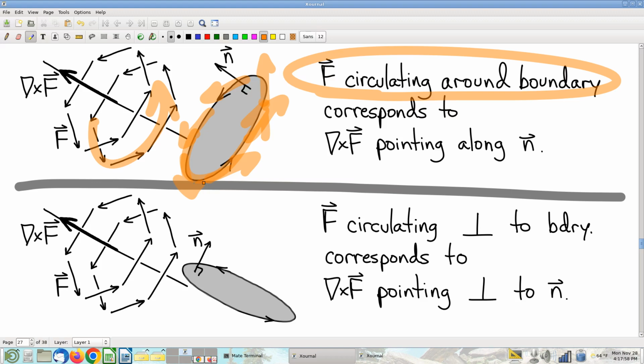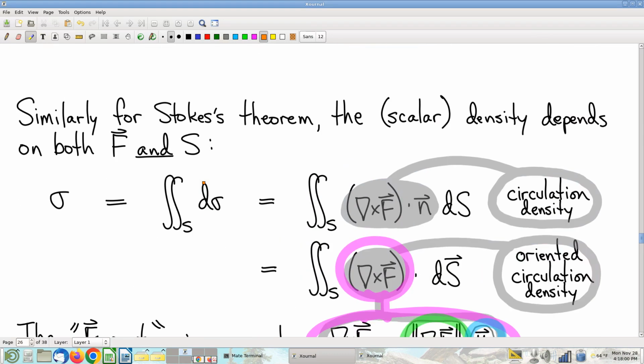Now, I claimed that curl dot normal vector is what's going to pick that up. Curl dot normal vector is telling you how much are you over the interior? How much circulation are you actually sort of getting everywhere in that interior? So how do the curl and the normal vector pick up orientation in this picture?